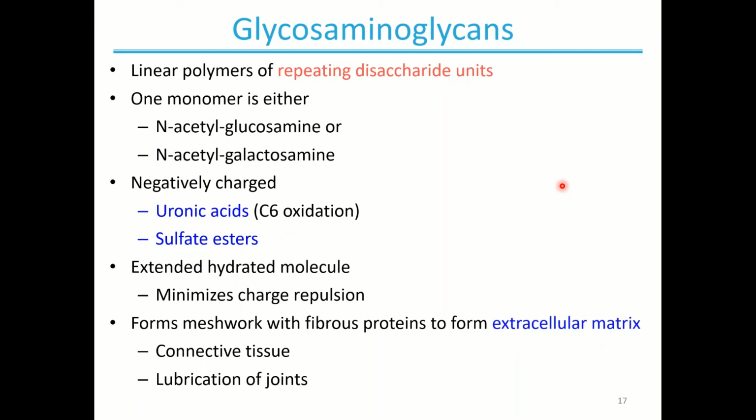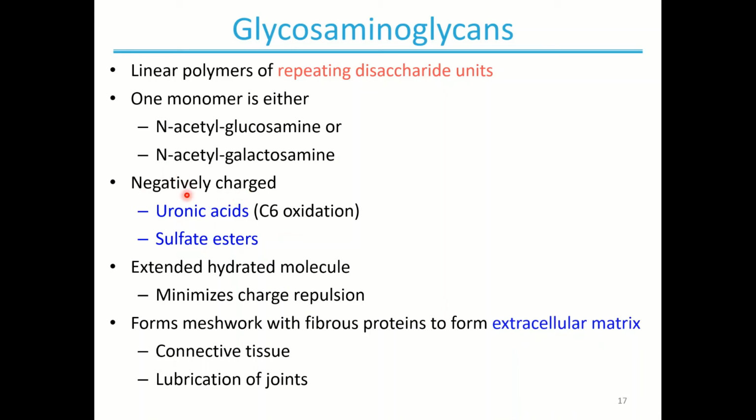Right, so let's now talk about something called glycosaminoglycans. Okay. They're linear polymers of a repeating disaccharide unit, somewhat similar to what we just saw with agar. One monomer is either N-acetylglucosamine, which we've seen, or N-acetylgalactosamine.